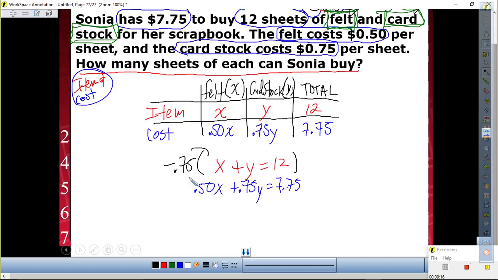That is correct. So this becomes negative 0.75x, negative 0.75y equals negative, what is 12 times 0.75?